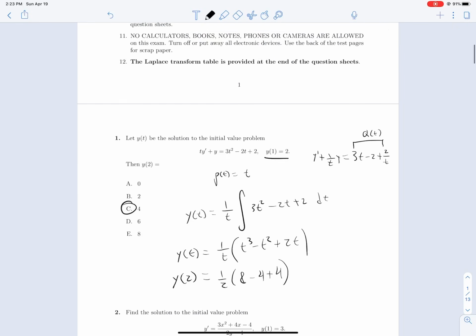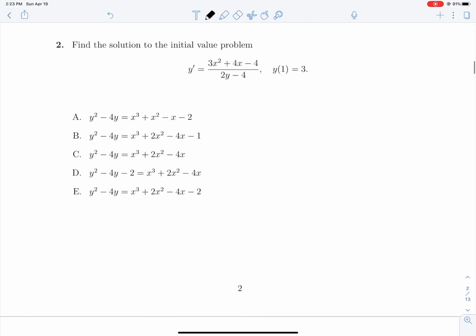So 1 is C. 2, let's find the solution to this initial value problem here. Well, this is a separable equation because we have some function of x on top and some function of y on the bottom. So we can rewrite this as 2y minus 4 multiplied by dy dx, and we can set that equal to 3x squared plus 4x minus 4.